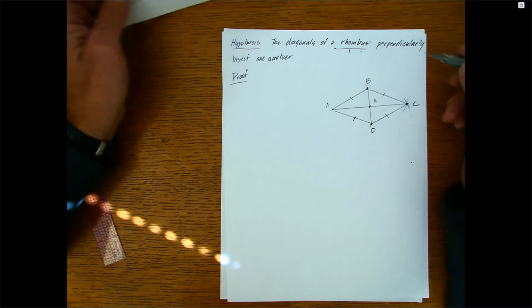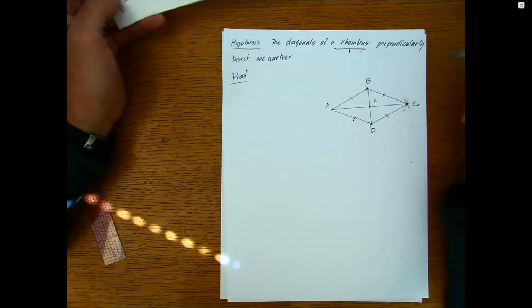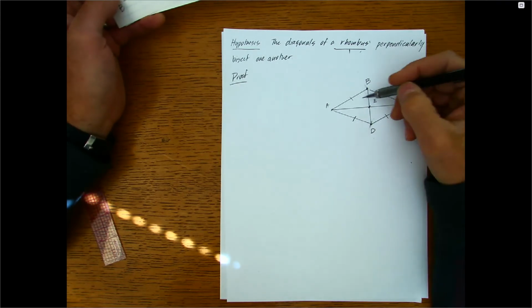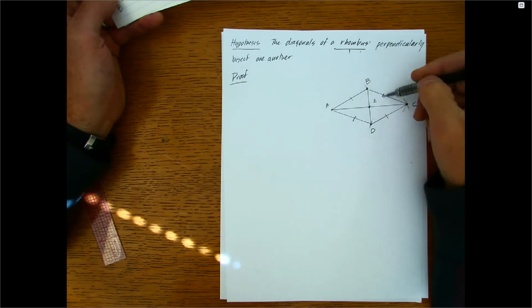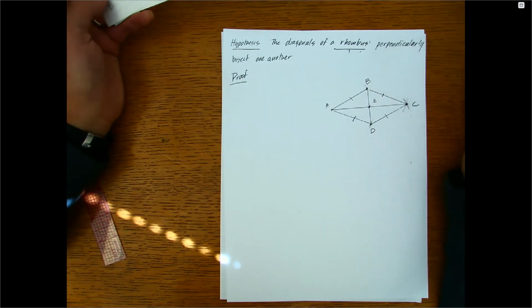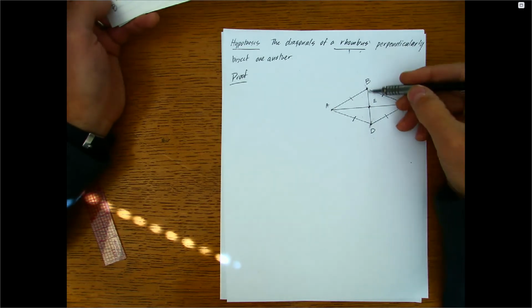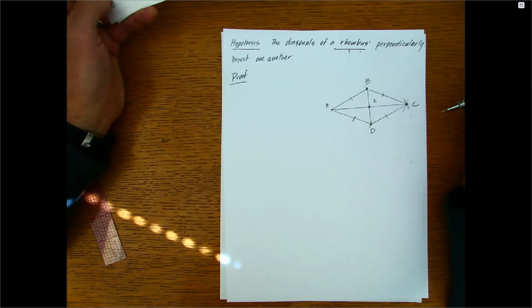The way I see us getting there, thinking about the end goal, is I really want these four little triangles to be congruent. If those four triangles are congruent, then certainly this leg and this leg would be congruent because those would be corresponding parts of congruent triangles.